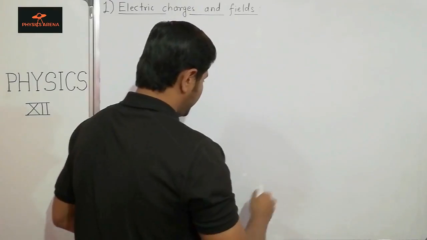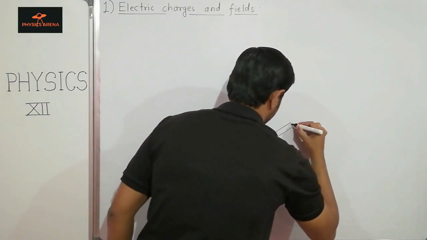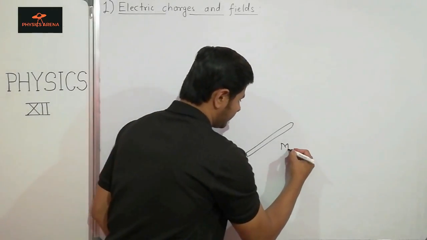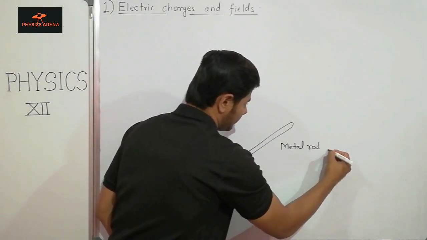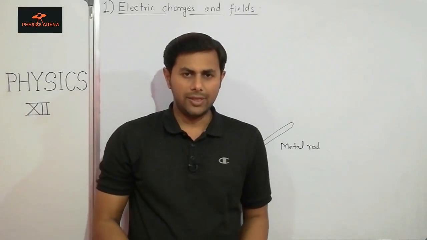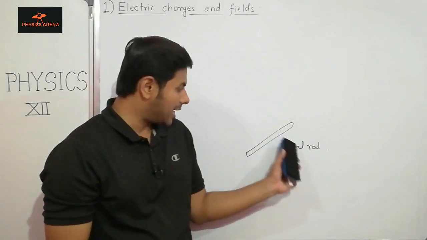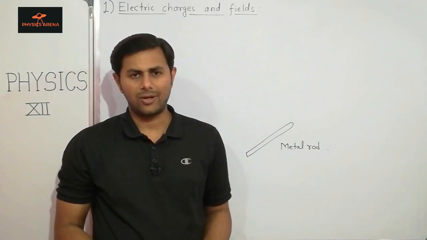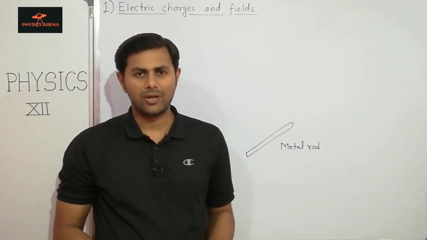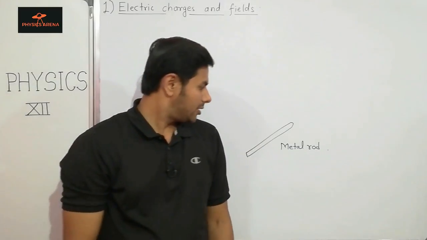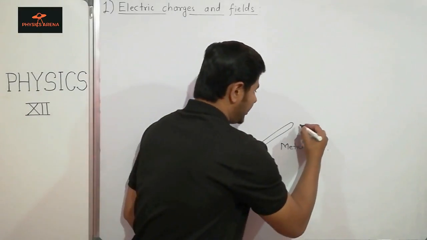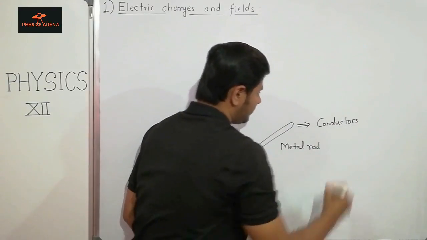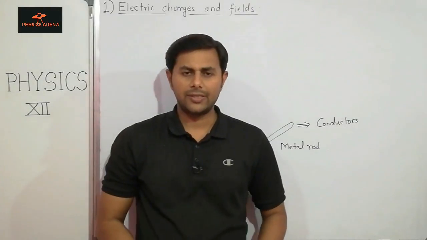Now suppose we have this metal rod. Think whether it is possible to charge this metal rod by rubbing it on wool or silk. So the answer is definitely no. And the reason is, metals are conductors of electricity.